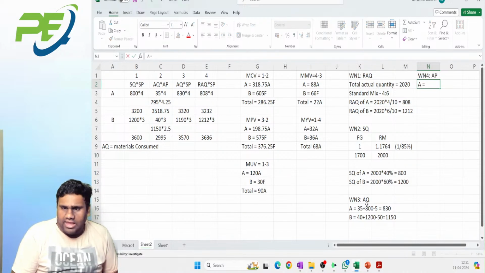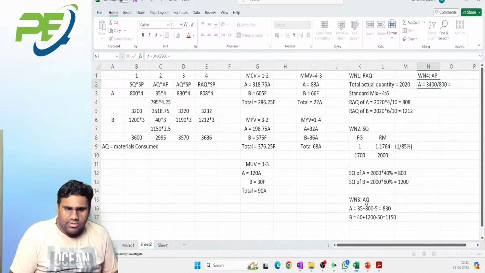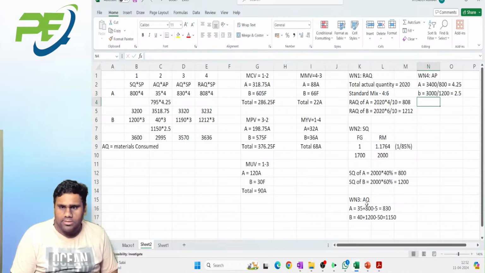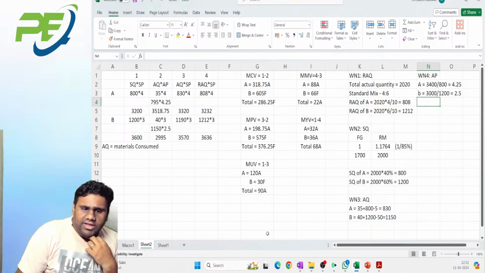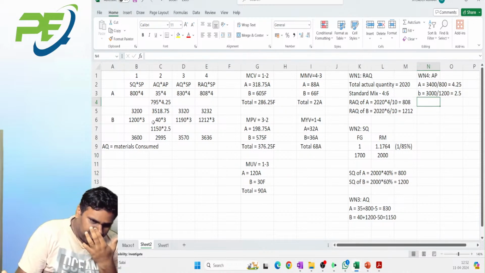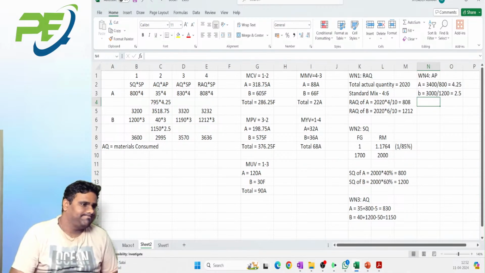For AP, A: 3,400 by 800, that is 4.25. And for B. Any other calculated figure? SP was directly given. AP I have written, AQ I have written, RAQ I have written. 4 working notes.